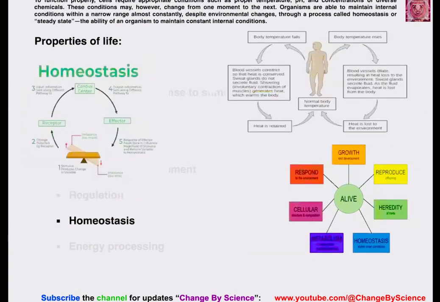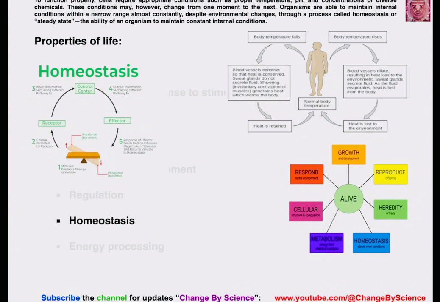So here you can understand that homeostasis is the next property of life. That means to function properly, cells require appropriate conditions such as proper temperature, pH, and concentrations of diverse chemicals. These conditions may, however, change from one moment to the next.